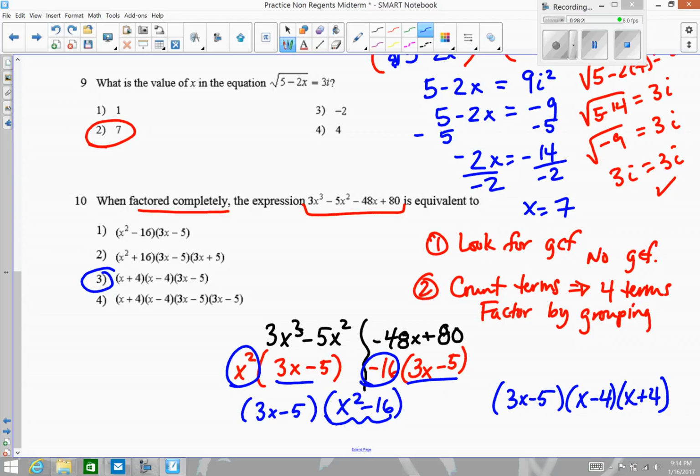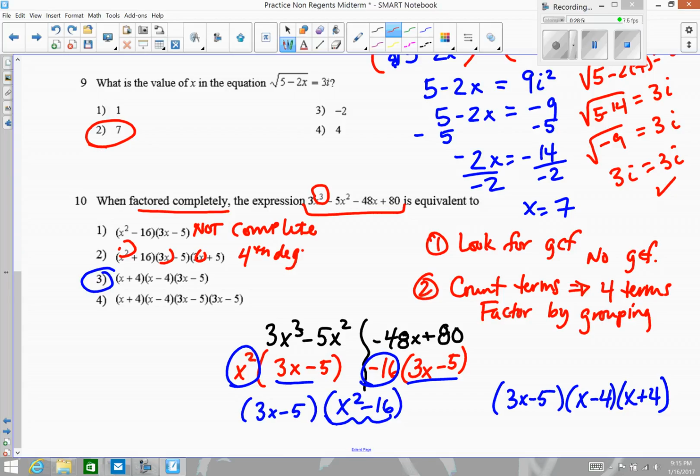Just looking at the other solutions, there's a couple we can eliminate off the bat. This polynomial that we're factoring is a third degree polynomial. Number 1, if we were to multiply, is a third degree, but it's not completely factored. Number 2, if I were to multiply this out, an x squared and an x and an x, this is a fourth degree.